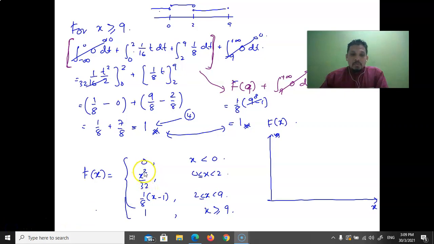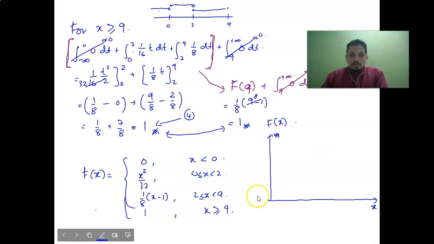Okay, class, x squared over 32, x squared. This is quadratic. The graph might be something like this, the graph of x squared over 32. But with a domain of 0 until 2, meaning it's just something like that here. Until 2, so from 0 until x equal to 2, this is a graph of x squared over 32.